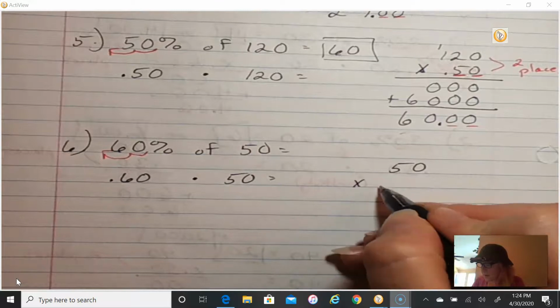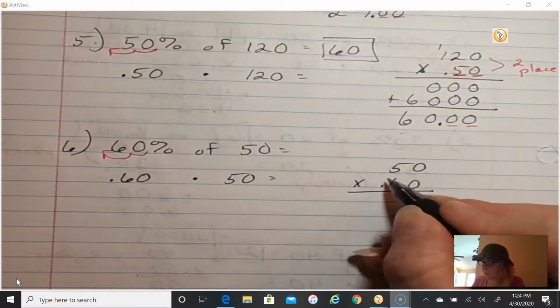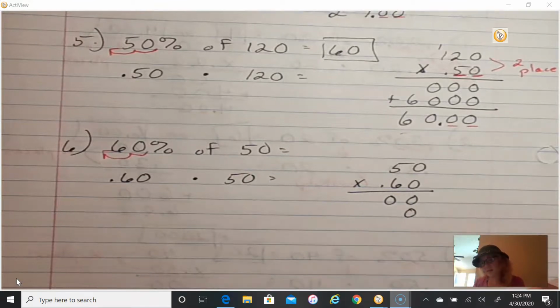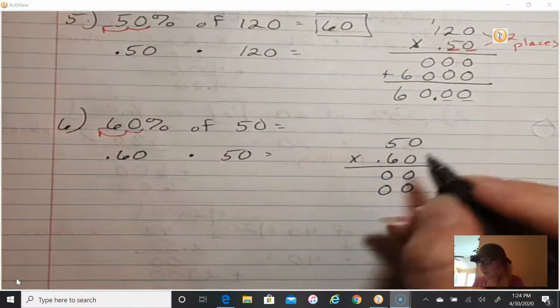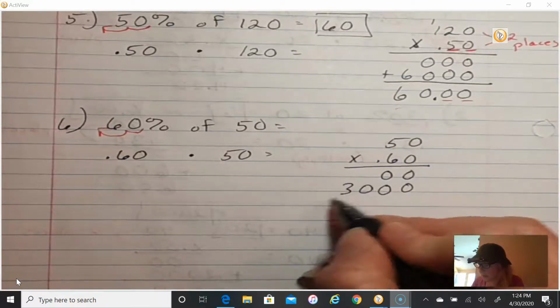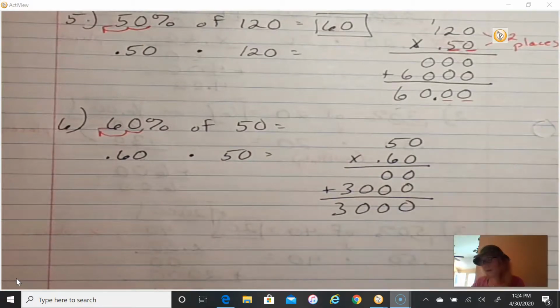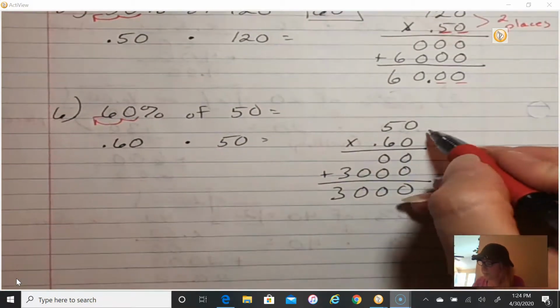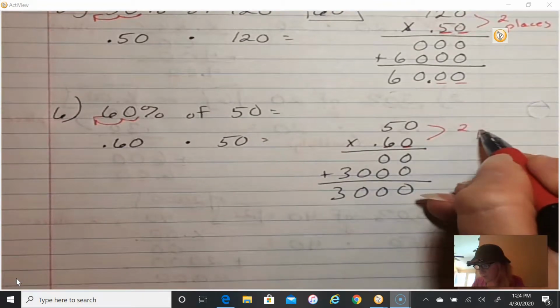So 50 times 0.60. 0, 0, 0, 0 and 5 is 0. Put in your placeholder. 6 and 0, 0. 6 and 5 is 30. How many total places do you have in the problem behind the decimal? 1, 2.